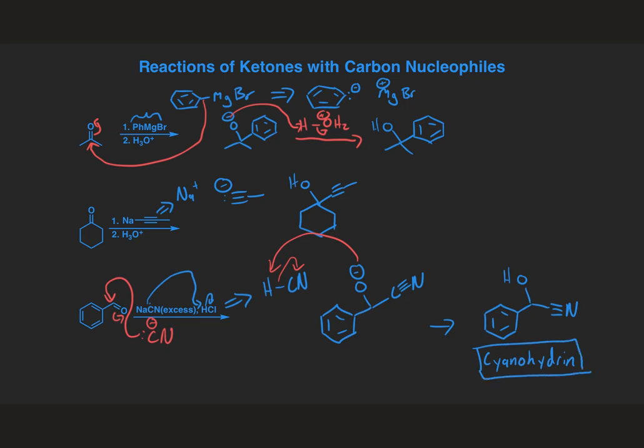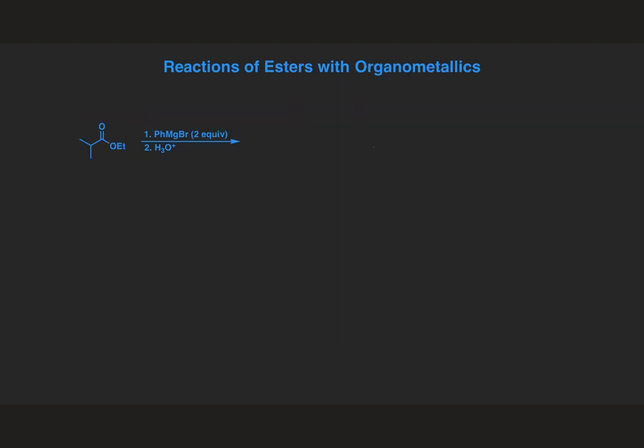And these cyanohydrins can be important intermediates in things like the synthesis of amino acids.